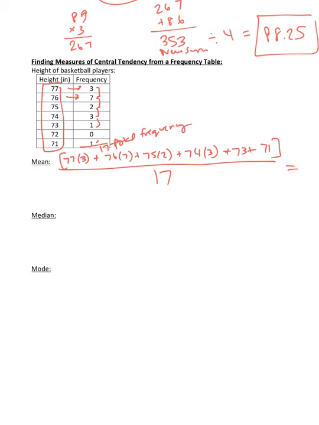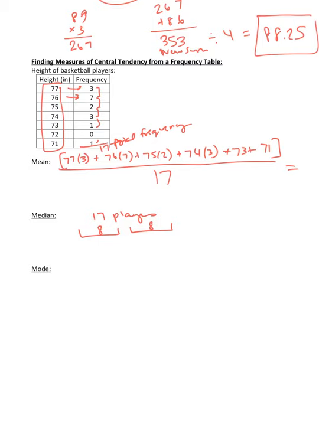Okay, the median, as I was saying before, if the list of numbers is huge, we're not going to list them out and cross out to find the middle. Instead, we're going to mentally figure out the median. If there are 17 players, and I'm drawing a picture for you to see, imagine them all lined up, you would have 8 players on one side and 8 players on the other because 8 plus 8 is 16.